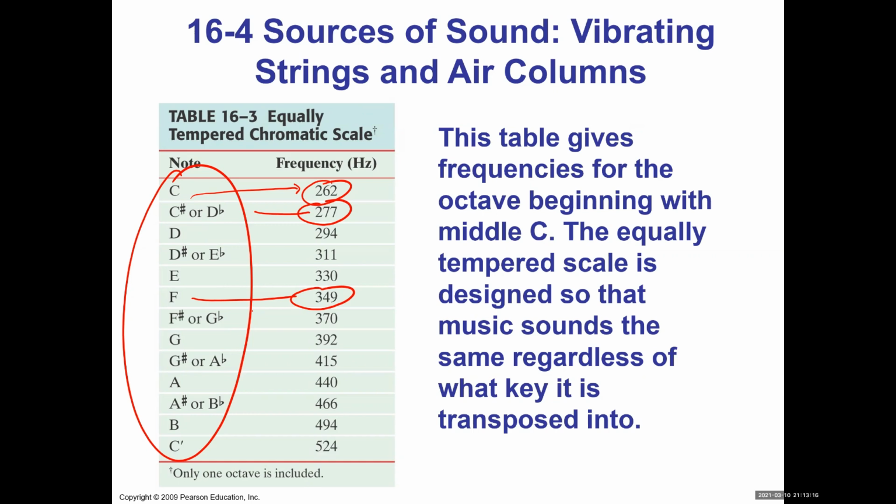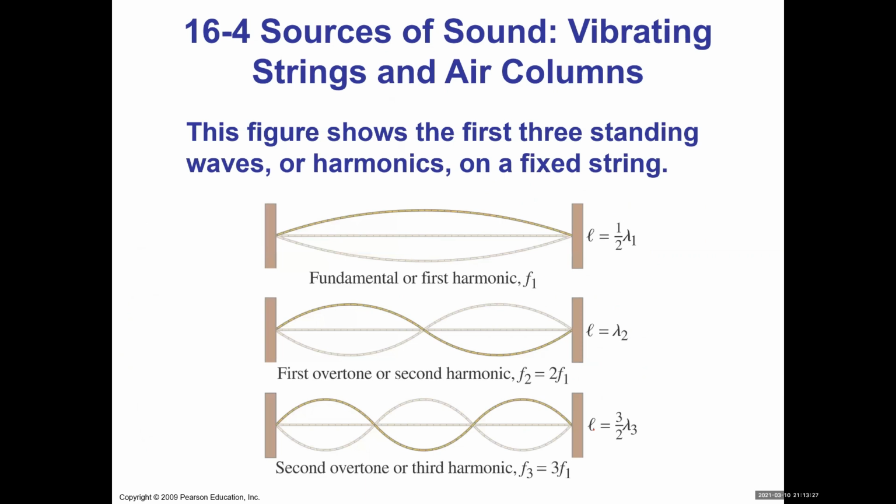In terms of what we're going to look at, it's not necessarily instruments and specific notes, but mostly the physics behind that. So we're going to look at the standing waves on a string that we looked at last chapter. We can model it for a guitar or a violin, some kind of string instrument.